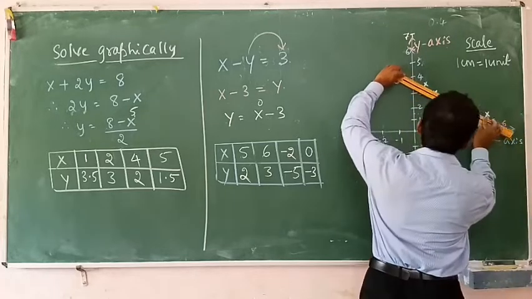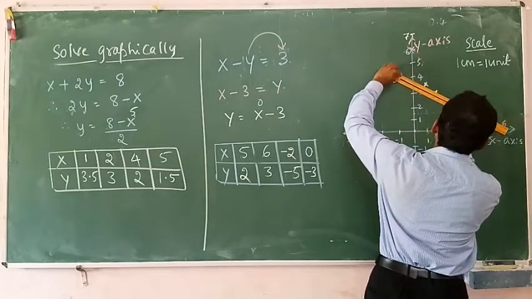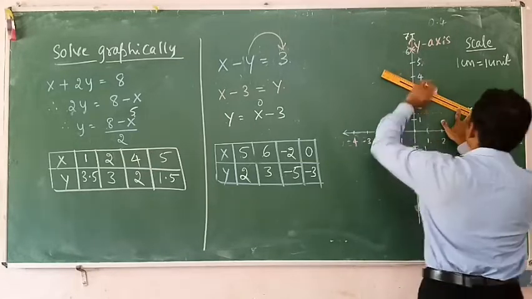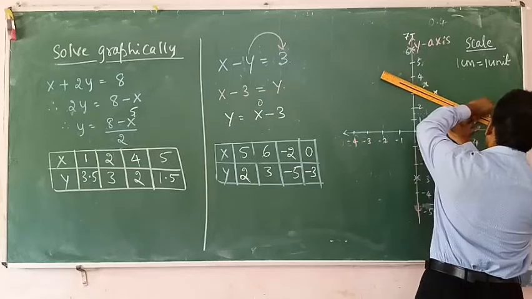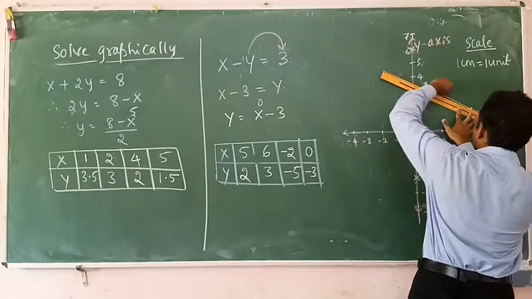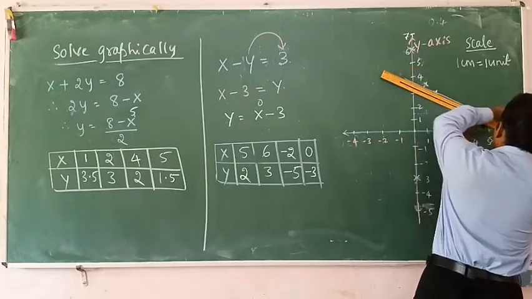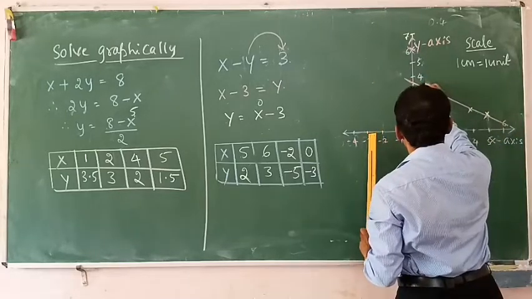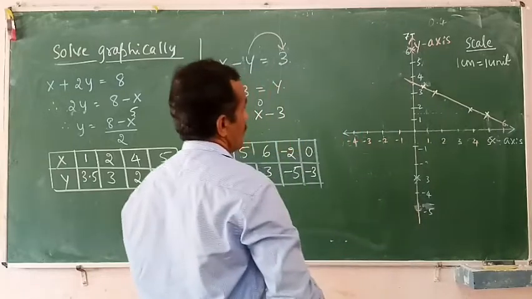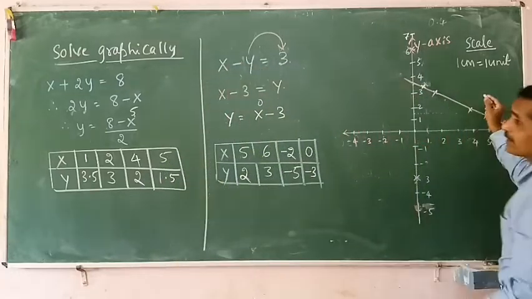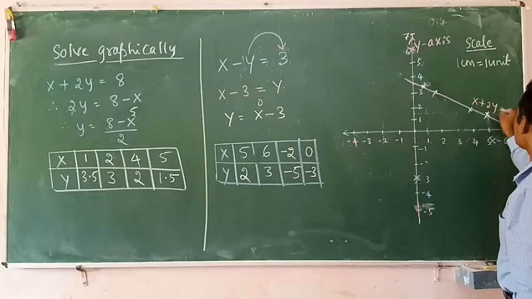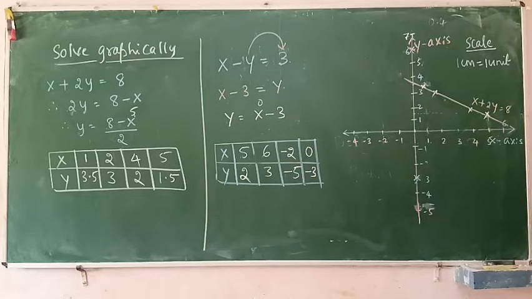If you try to join them, you have to get a straight line graph. And you can write the equation: x plus 2y is equals to 8.